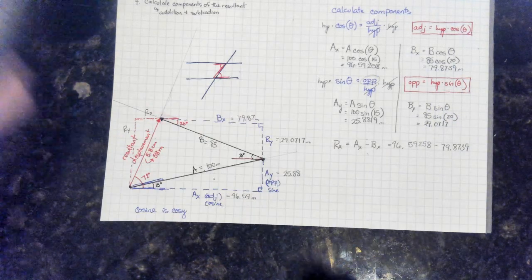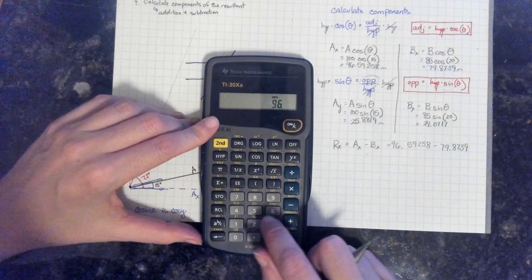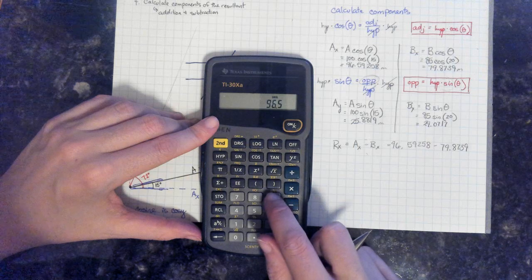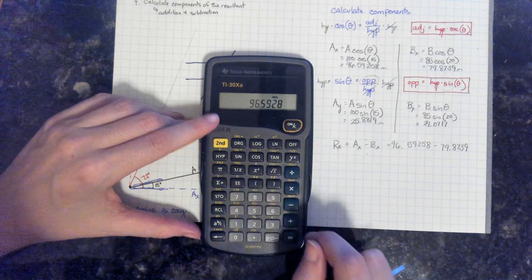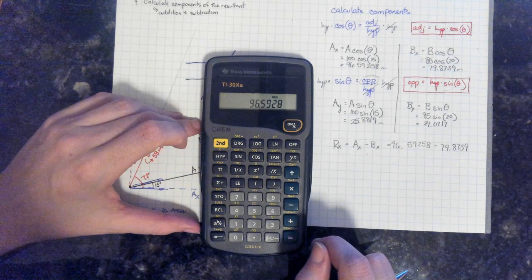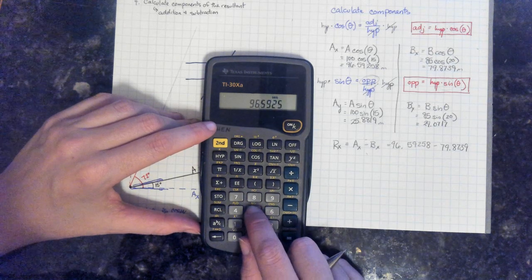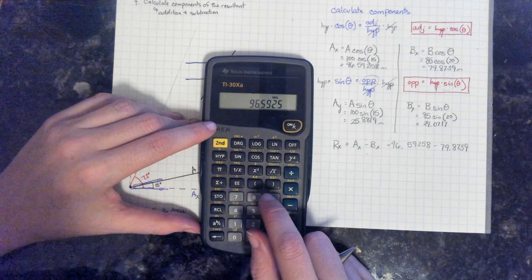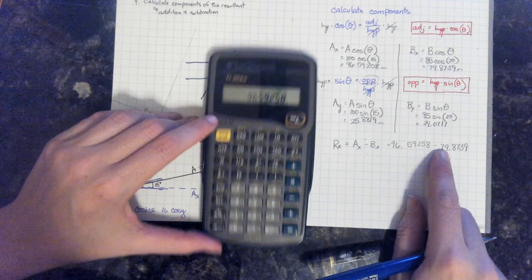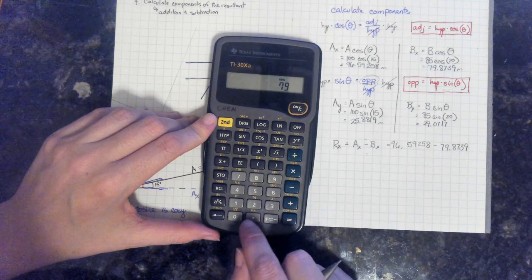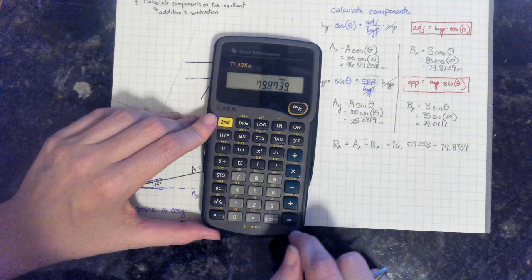Okay, now we subtract. 96.592. Can I go backwards on this calculator? Yes. 5.8 minus 79.8739.